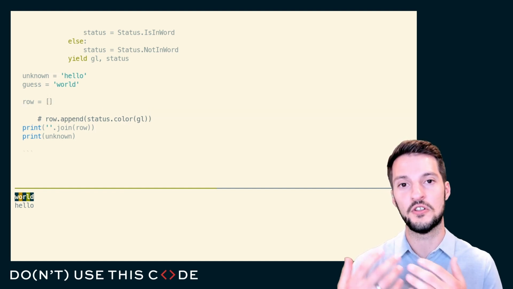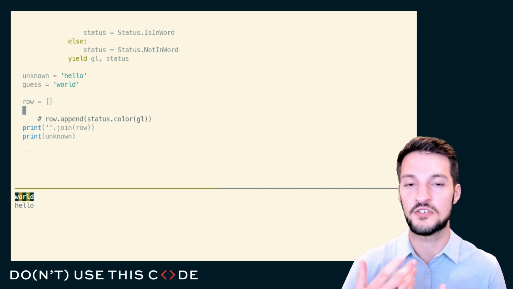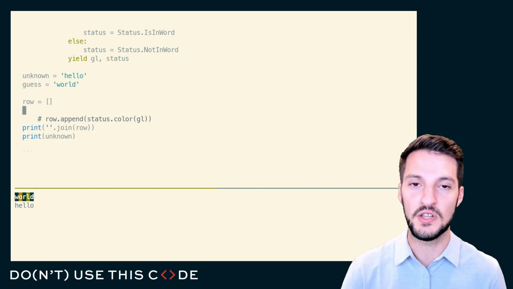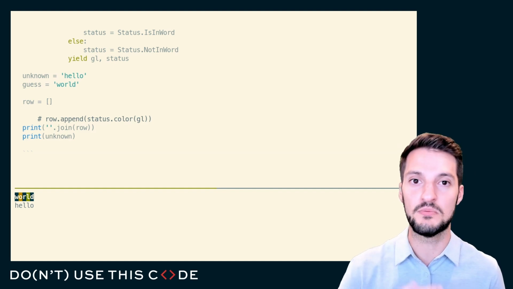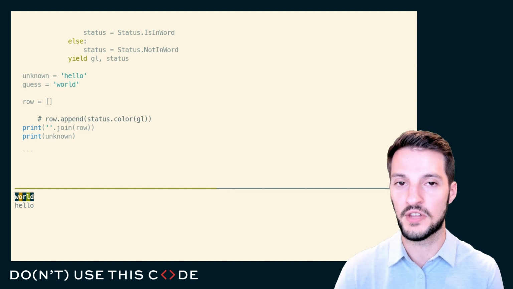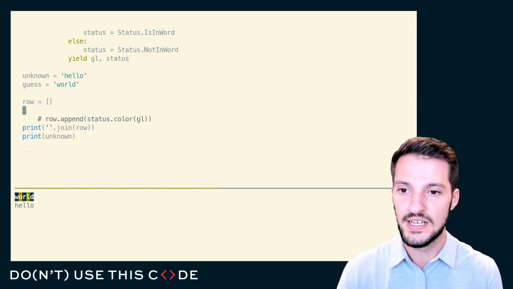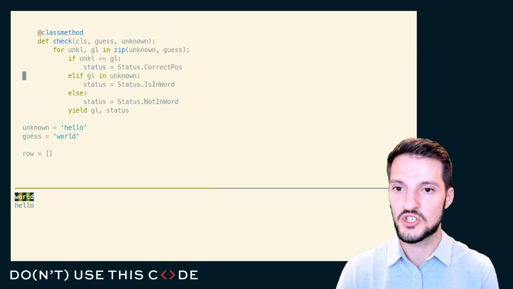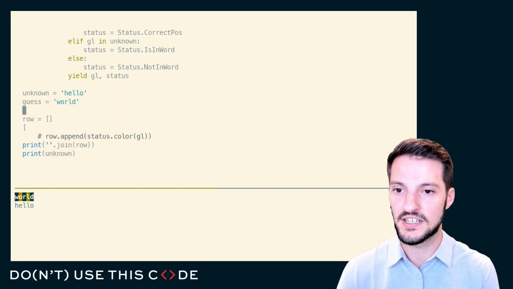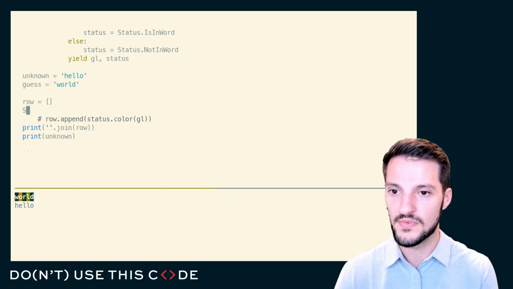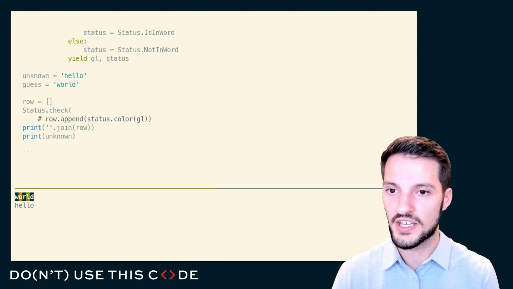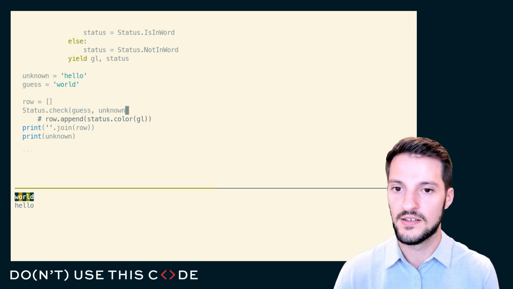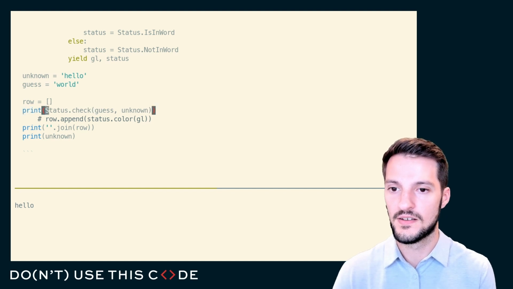Whereas if you return a list, you can't go back into a generator to maybe access a specific state of a letter and perform some computation before advancing to the rest of your letters if you want to short circuit something. And so what this would look like, I could simply just use my status checker here, and it takes a guess and an unknown word. Status.check, guess.